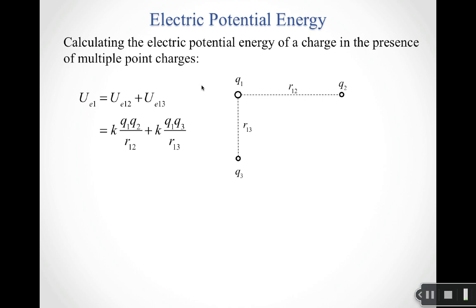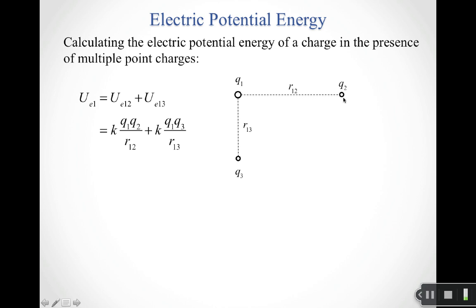If I've got a set of point charges, then again I just have superposition that says the electric potential energy of charge 1 in this case is just the electric potential energy between 1 and 2 plus the electric potential energy between 1 and 3.